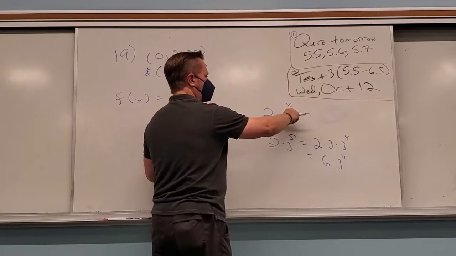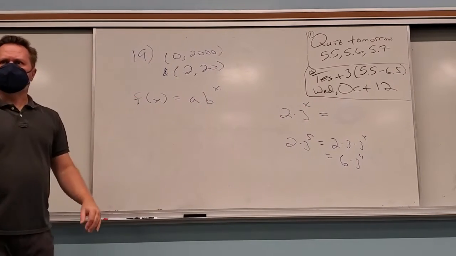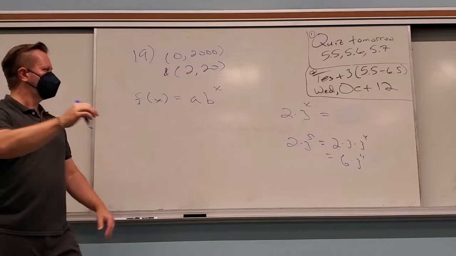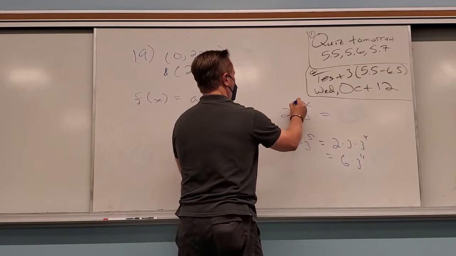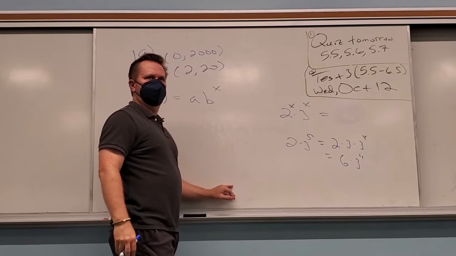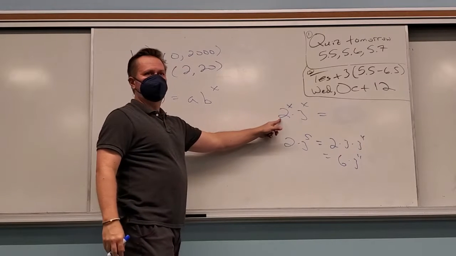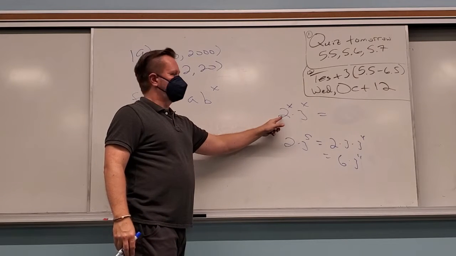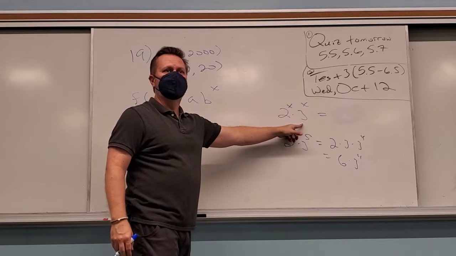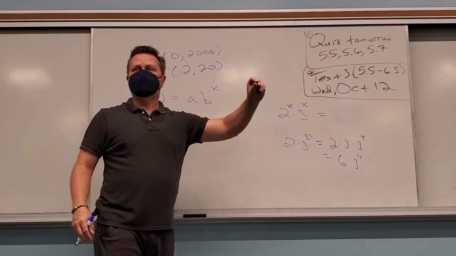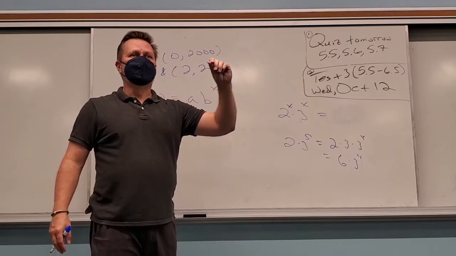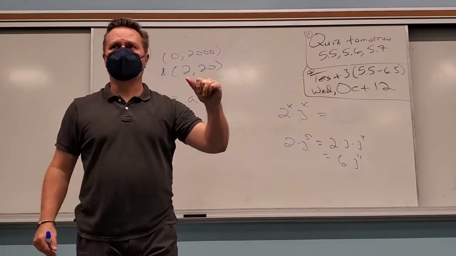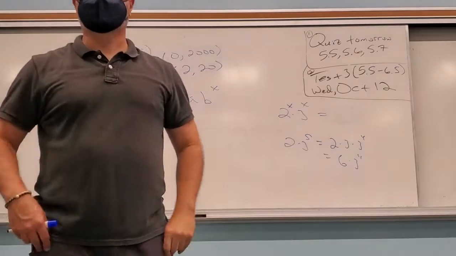So be careful, you cannot multiply these. You have to do exponents first. So don't multiply those numbers. Okay, I like it. What would this be though? How many 2's do you have? 1. How many 3's do you have? X of them. So how many 6's can you make? I have x 2's and I have x 3's.